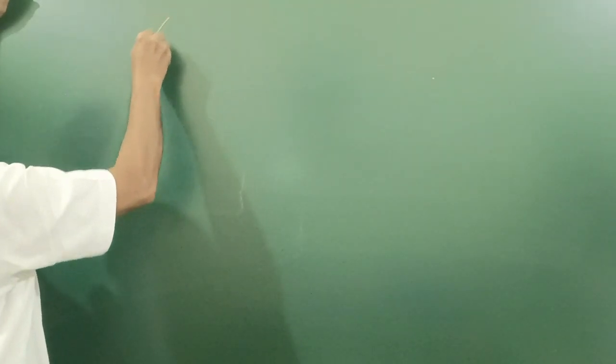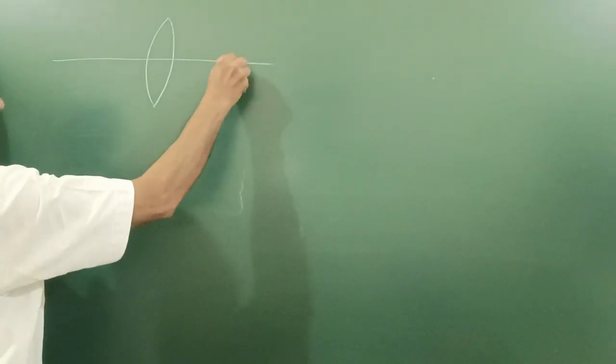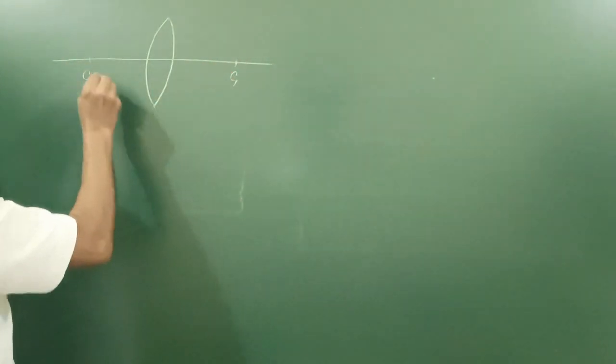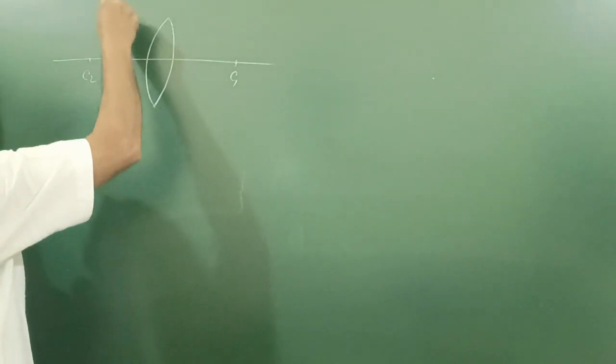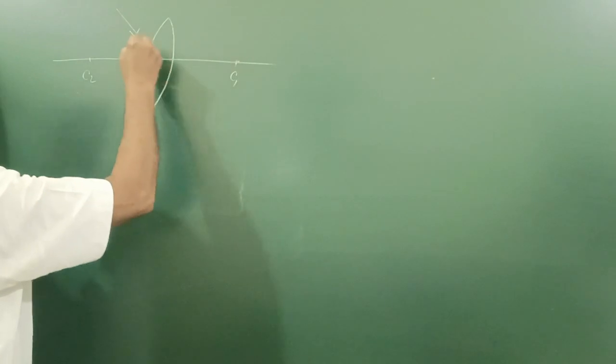In case of a thick convex lens, actually this is a convex lens, thick one. This has center C1 on this side, C2 on this side. So light falls here like this. Here the normal is this.